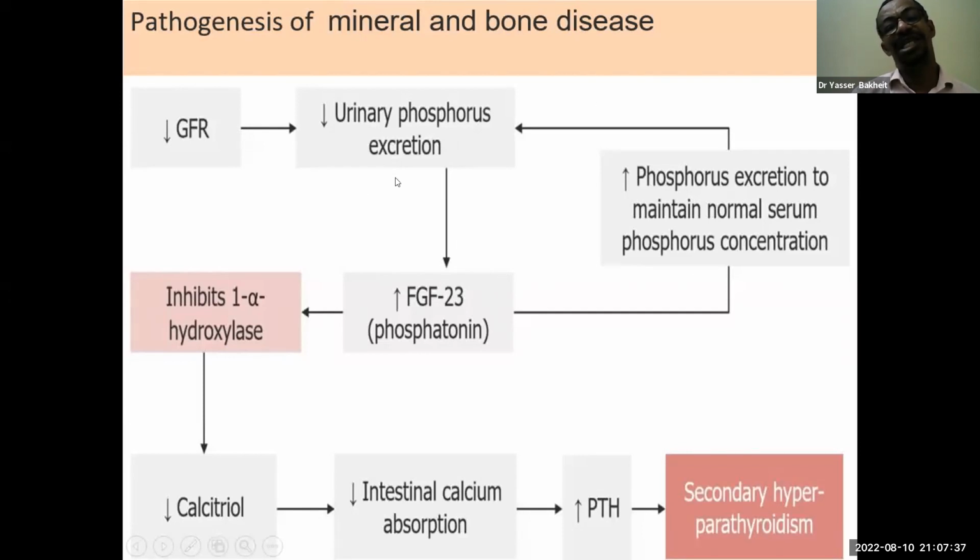But unfortunately, here the kidney is not functioning, so it inhibits alpha-1 hydroxylase, reducing the active form of vitamin D, and reduces intestinal calcium absorption in the gut. This increases parathyroid hormone, so it can cause secondary hyperparathyroidism.